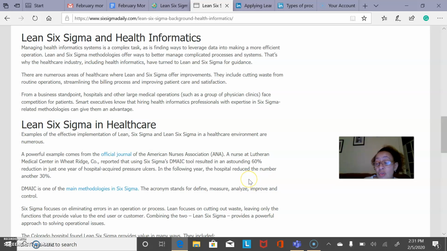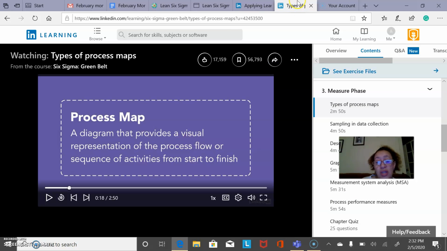When they used the actual Lean Six Sigma tool, it led to a 60% reduction in pressure sores. So it actually can be used in many different areas in nursing. Businesses use it, airlines use it, and I find that the video itself was quite engaging.